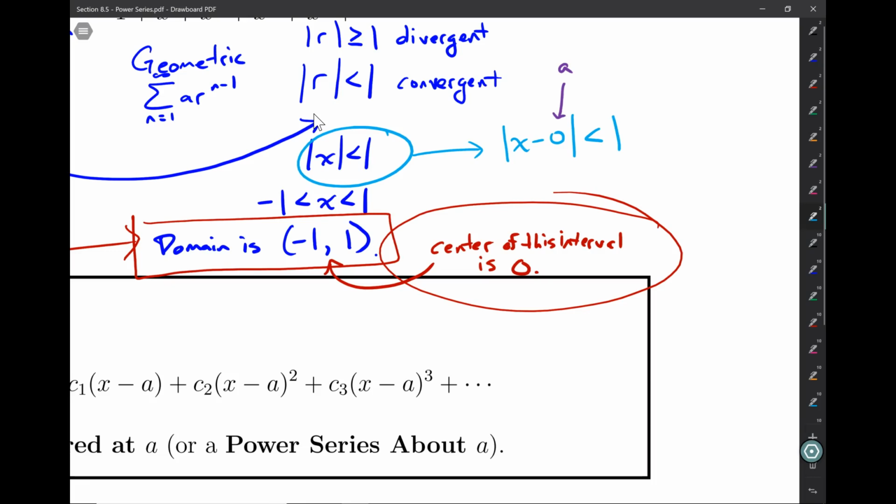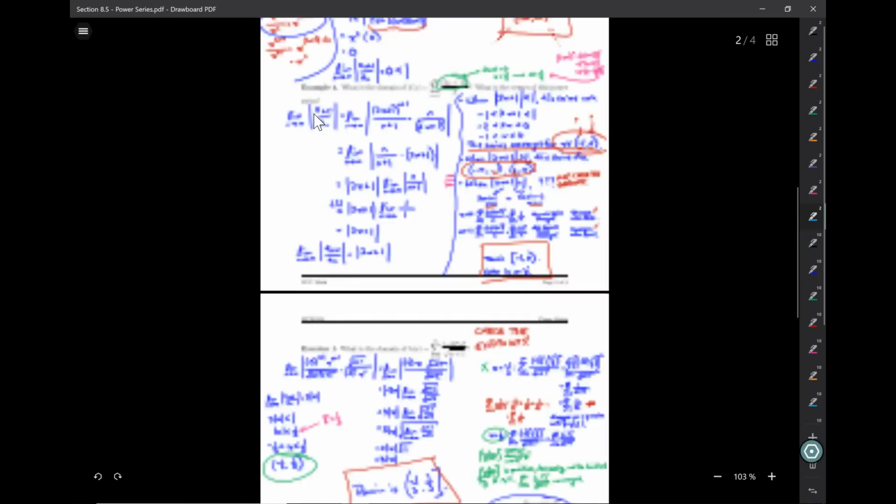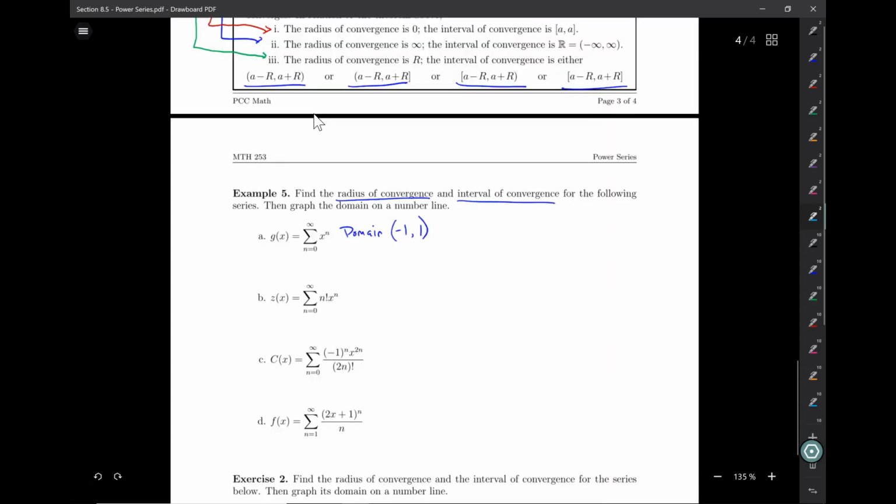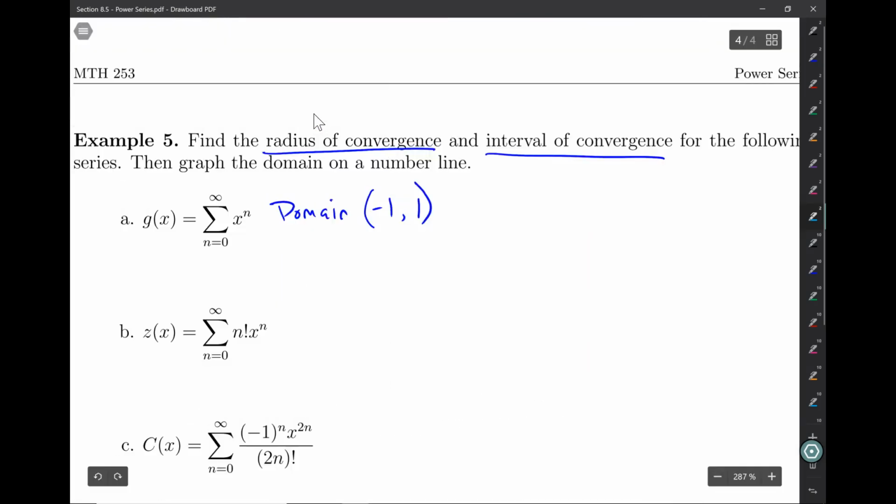The number 1 plays the role of our radius, so the radius of convergence is 1. The interval of convergence happens to be exactly the same thing as our domain, which is kind of nice. We have -1 to 1.